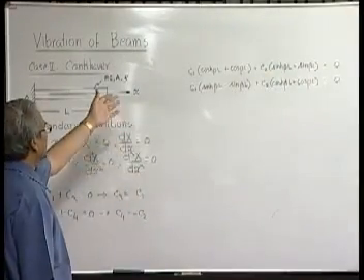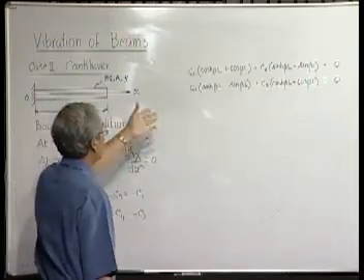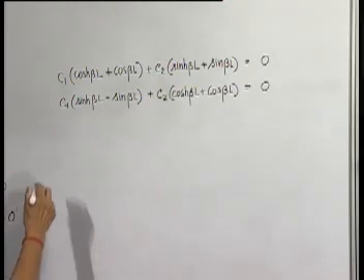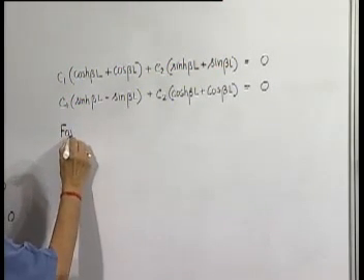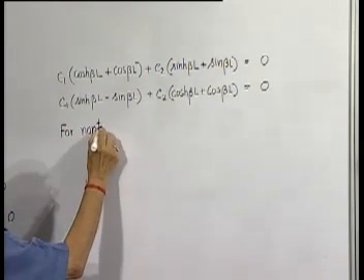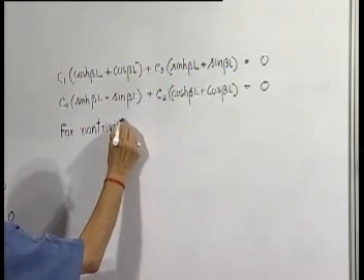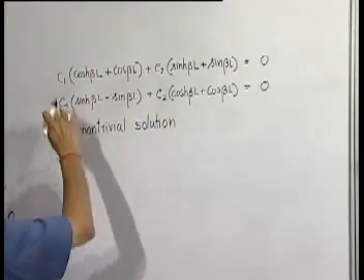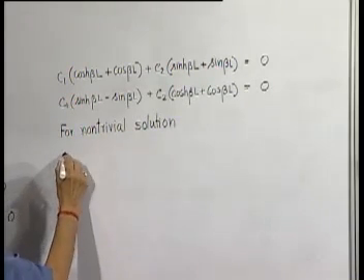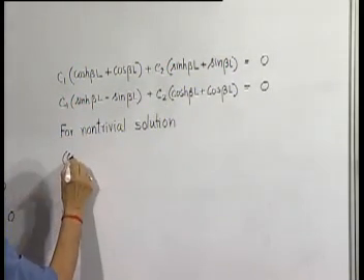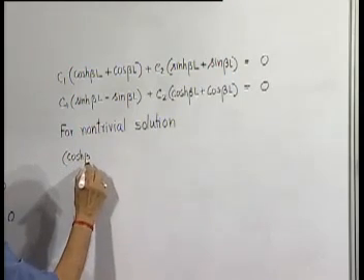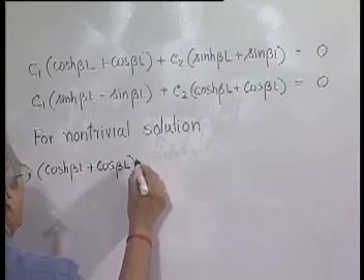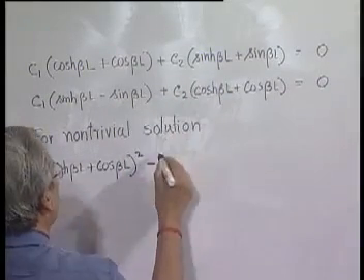Now, of course, we know that for a non-trivial solution for C1 and C2, the determinant of the coefficients must be 0, which is this into this minus this into this.